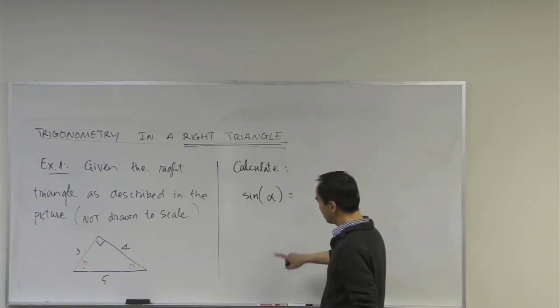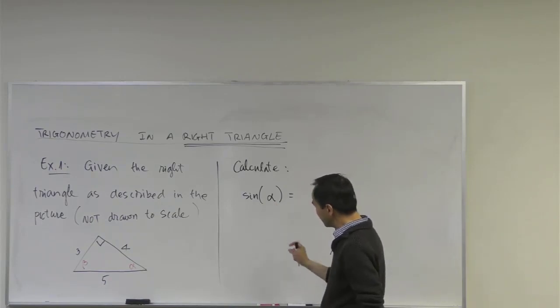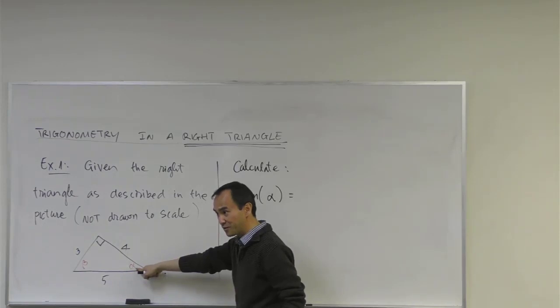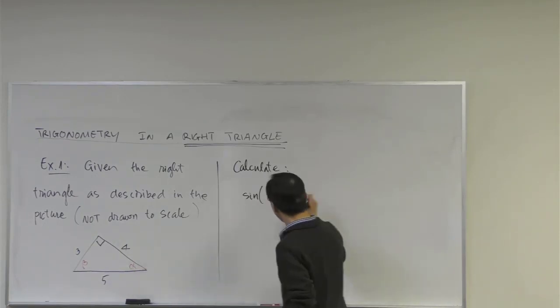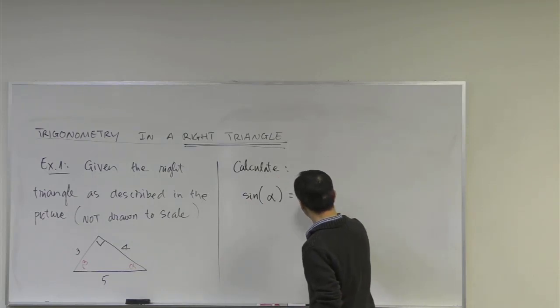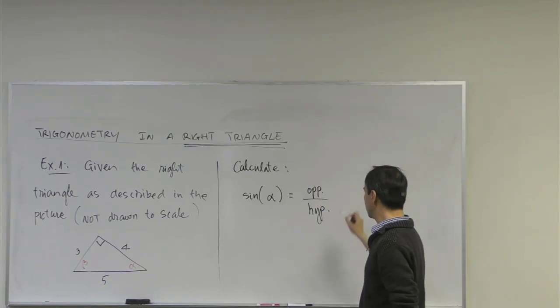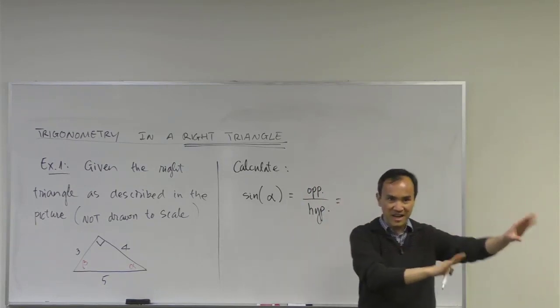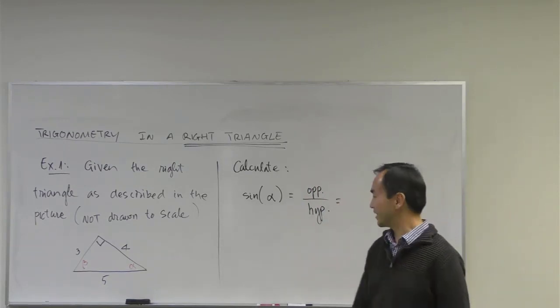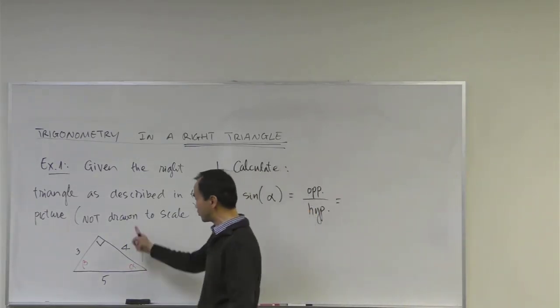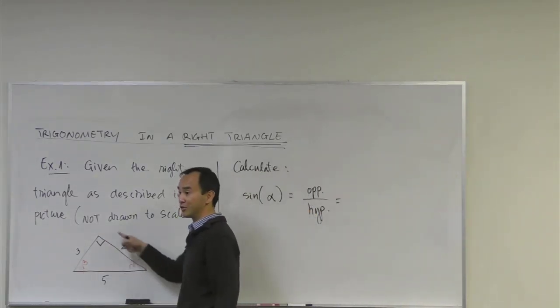If this is our angle of attention, then who's the opposite? Because we always know it has to be opposite over hypotenuse. Once we've written that down as a rule, it's true for all triangles, no matter how you orient your triangle.